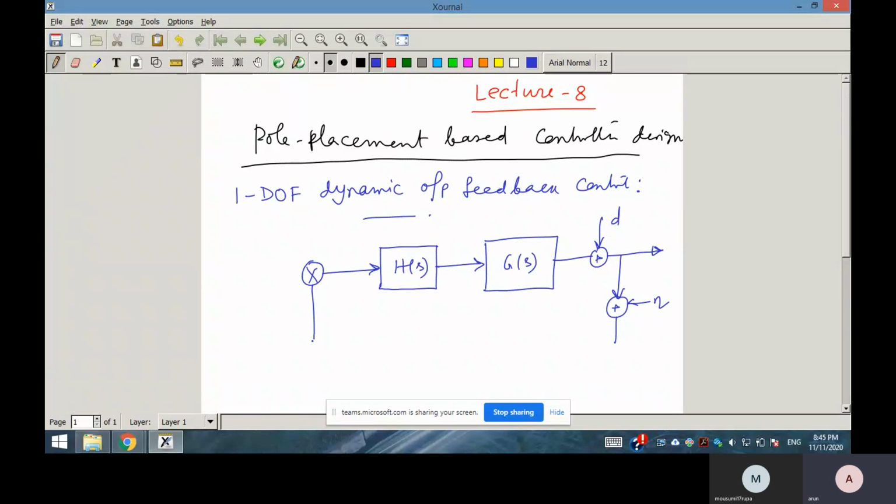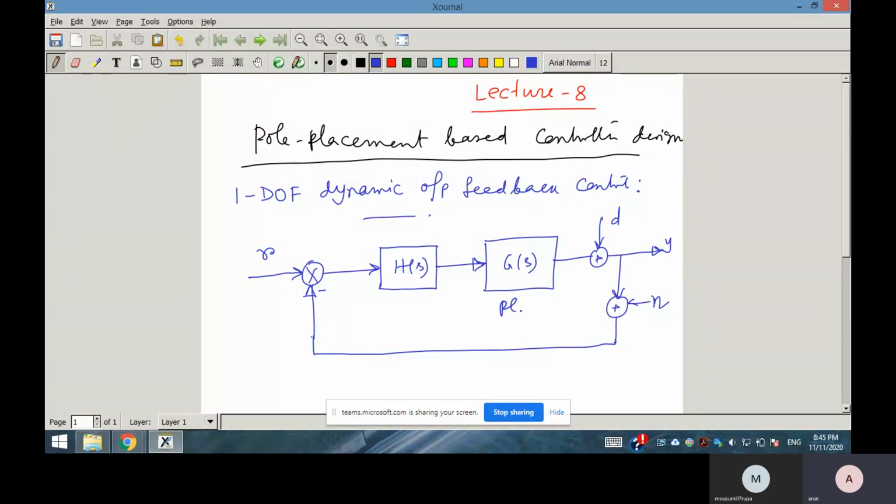This scheme is also known as a unity output feedback scheme, because here you can see this is the reference input, this is the output, this is the disturbance, and this is eta. Eta is your measurement noise, and it is a high frequency signal compared to system bandwidth. System bandwidth means bandwidth of the closed loop system.